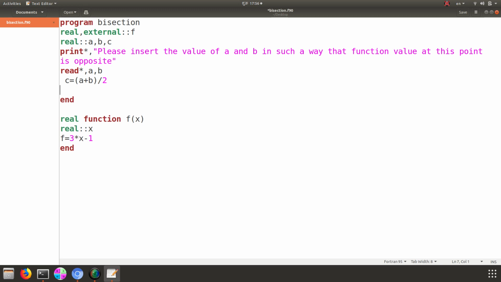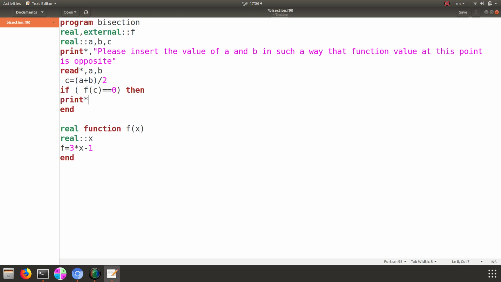Now I need to check. So for that I need to write if f of c equals 0, then what? Print, because if f of c equals 0, then c is the root of the equation.